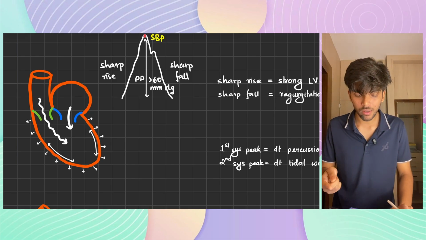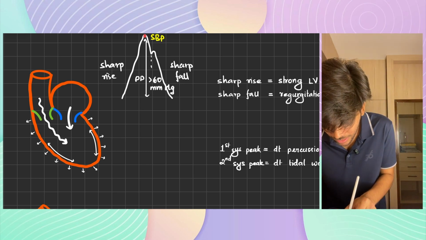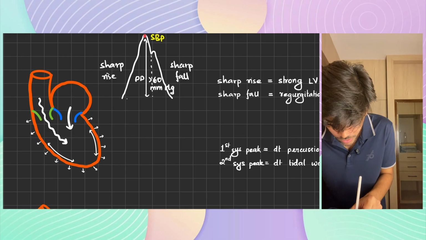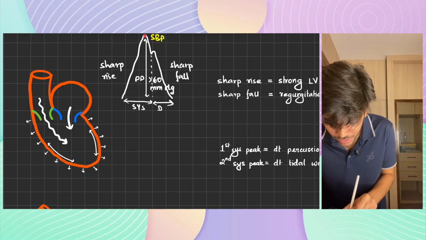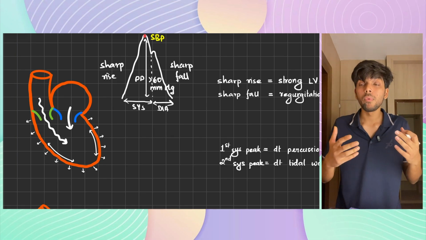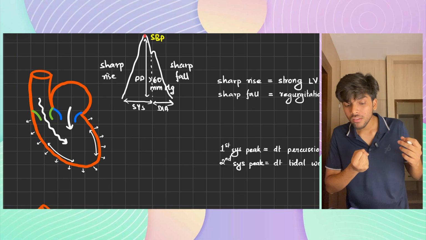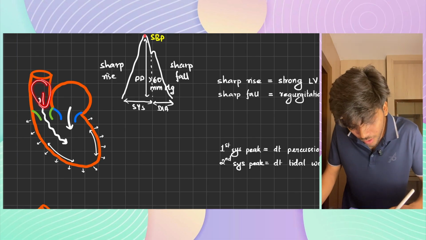Okay, why the sharp rise and sharp fall? Sharp fall because when the ventricle goes through, this marks the end of systole. So this much is systole and this much is diastole. And during diastole, when the ventricle relaxes, it's receiving blood back from the aorta. The aortic valve does not close, so the blood falls back.